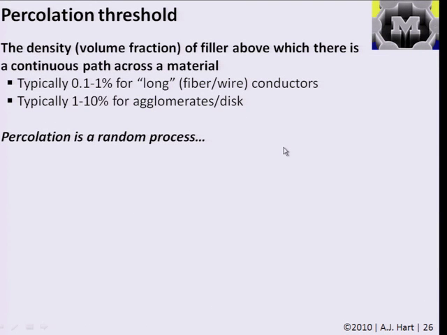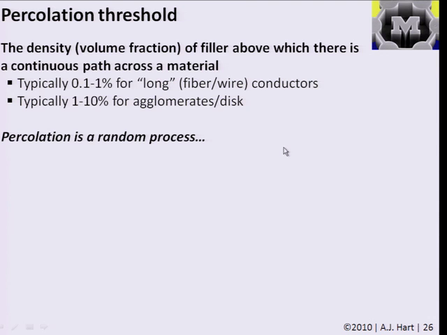So by a more formal definition, we get a bit into electrical properties now. We can define this percolation threshold as a density of filler above which there's a continuous path across a material. So typically, if you have long fibers such as carbon nanotubes, this threshold is about between 0.1 and 1%.